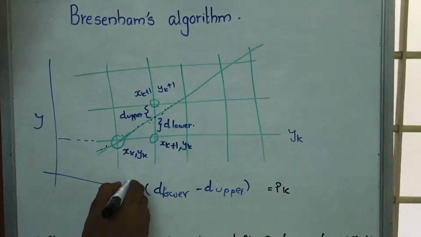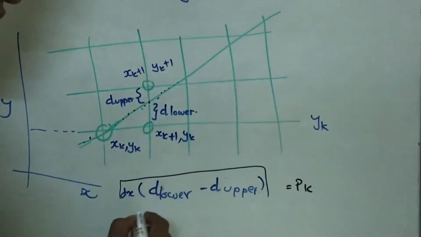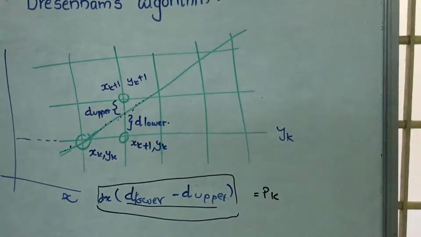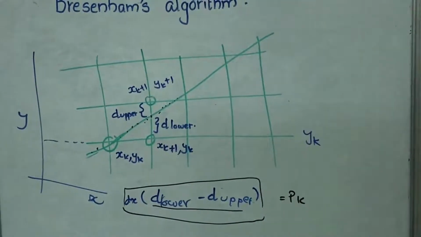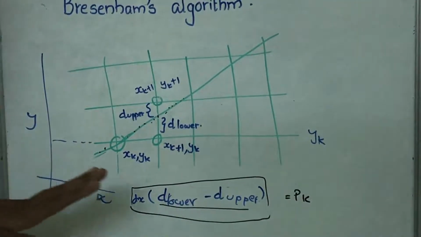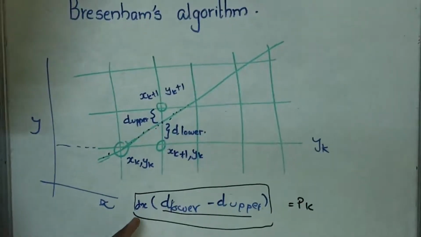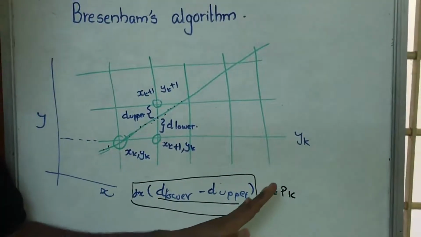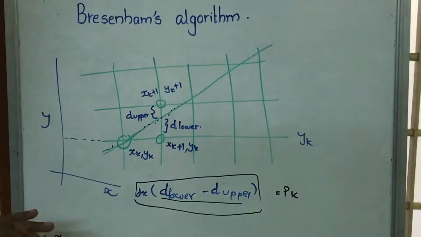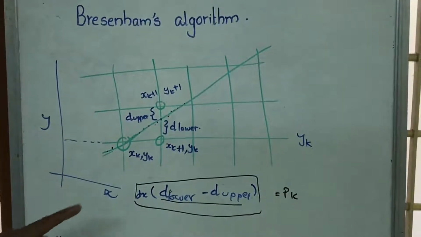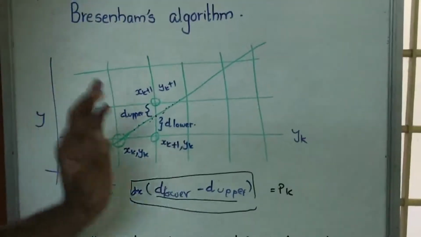This is to make the mathematical formulation simple. Just to explain it, this is sufficient: d lower minus d upper. We denote dx times (d lower minus d upper) as pk. If this pk is negative, that means d lower minus d upper is negative.